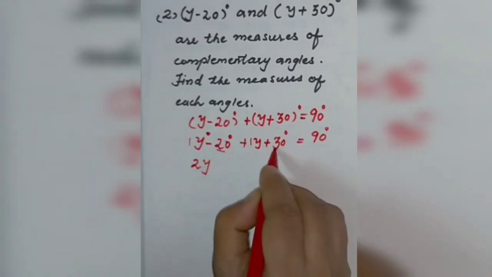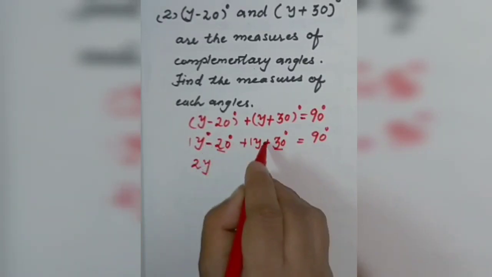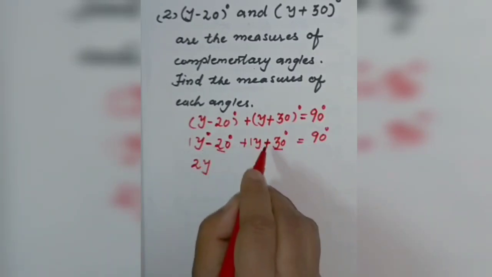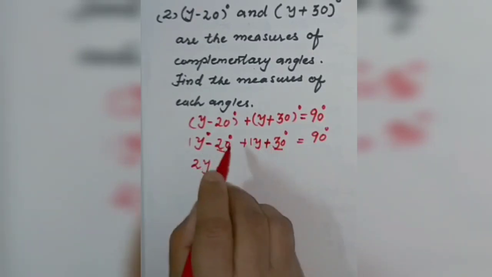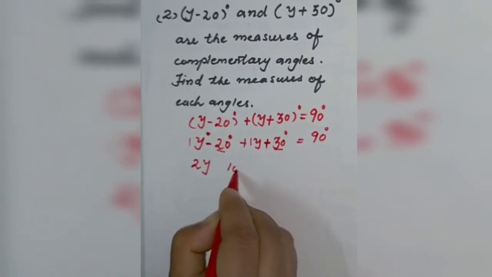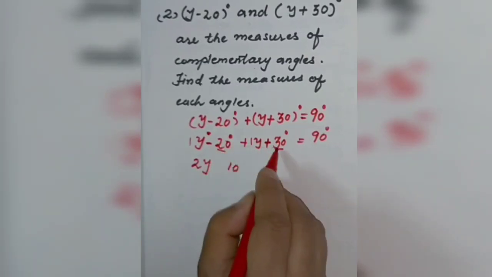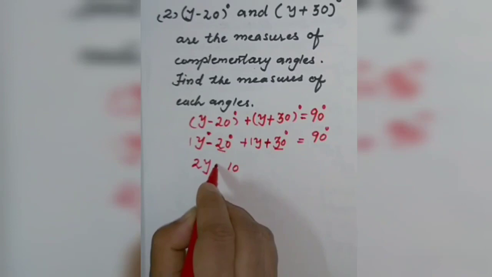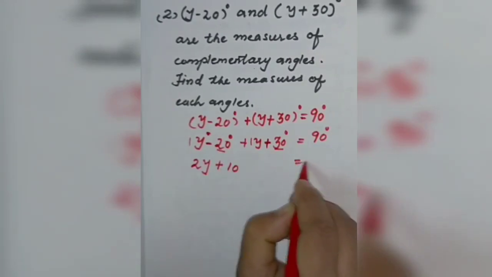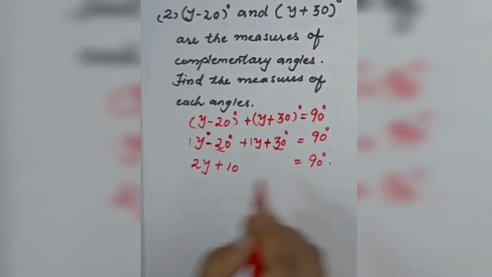Now this 20 and this 30, this is minus, this is plus, then 30 minus 20 is 10. Which is bigger, 20 or 30? 30 is bigger, therefore the sign is plus. Now here 90 degrees. Okay.